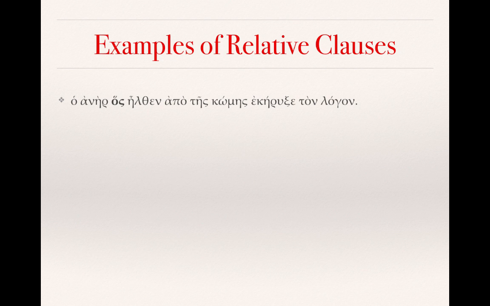So this is a clause, sort of like an adjectival clause that's modifying ho aner, or the man. And so we would translate this as, the man who came from the village preached the word. So that whole clause is modifying, it's specifying, it's telling us which man preached the word.